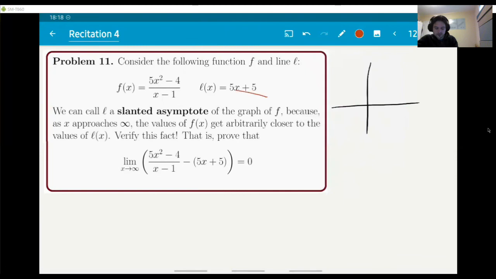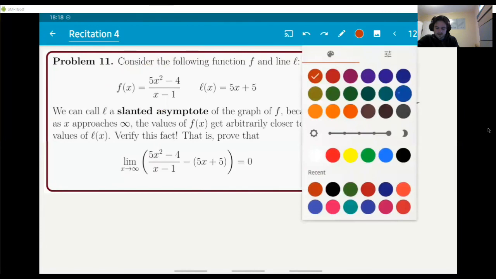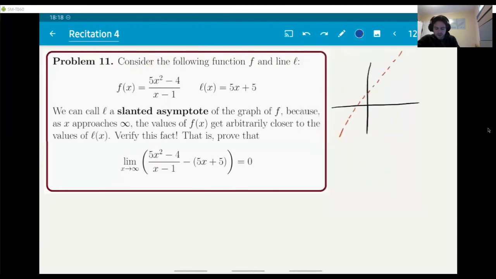Imagine the line 5x plus 5, something like that. As it turns out, the function f approaches that line. Just looking at it, I don't know if it's approaching from below or from above, but either way, it might look something like this.